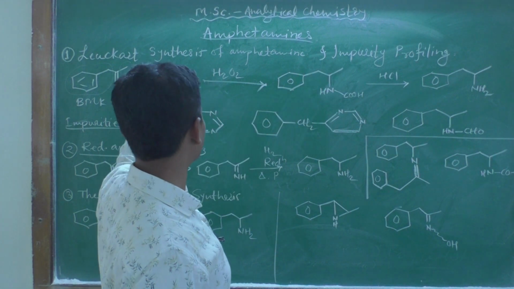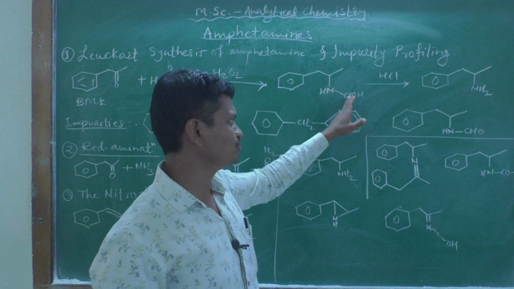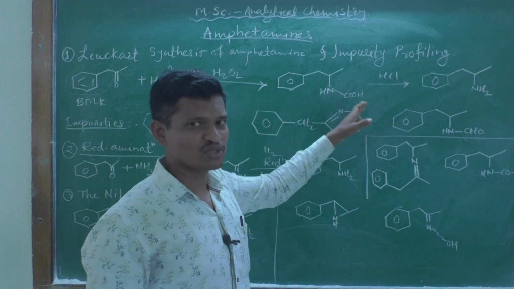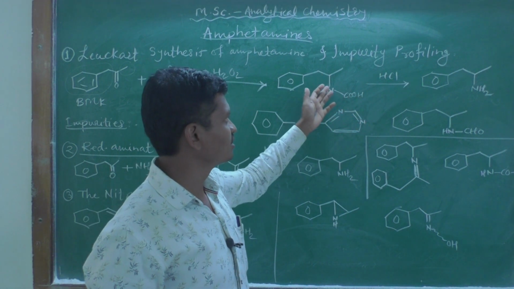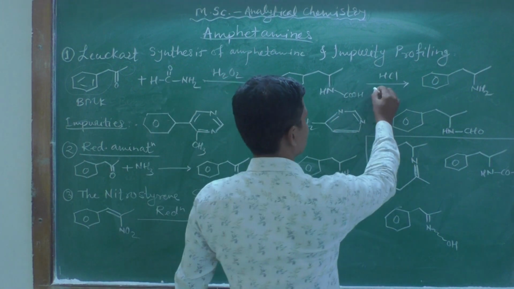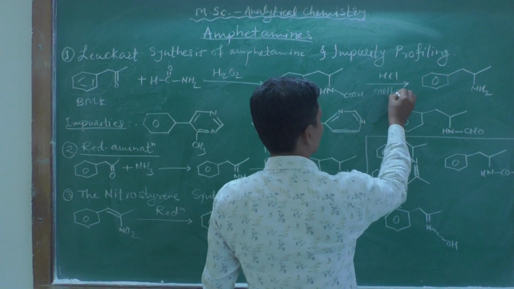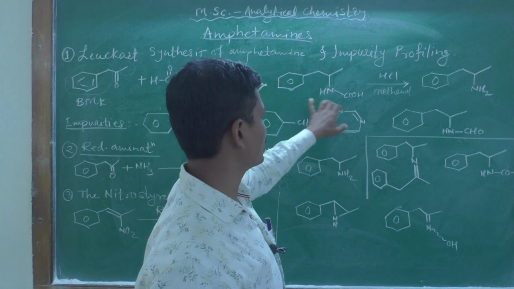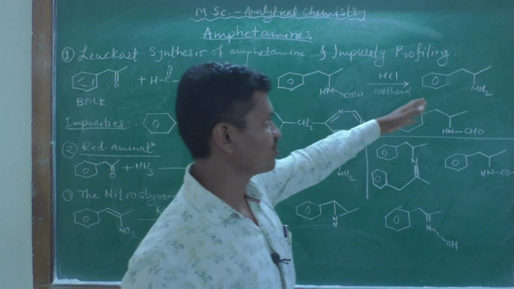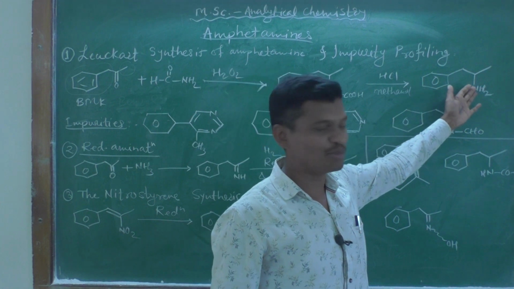This CHO moiety will oxidize into carboxylic acid moiety, and then in methanolic HCl, this moiety will be converted to our target molecule, that is amphetamine.